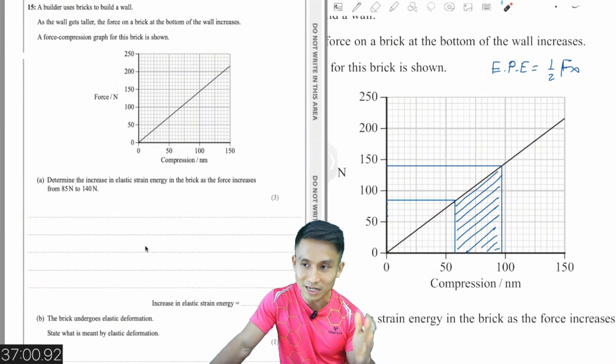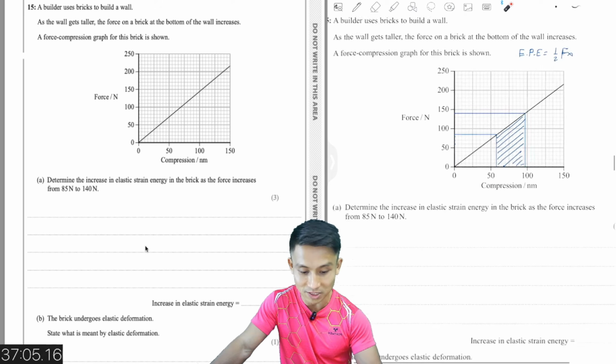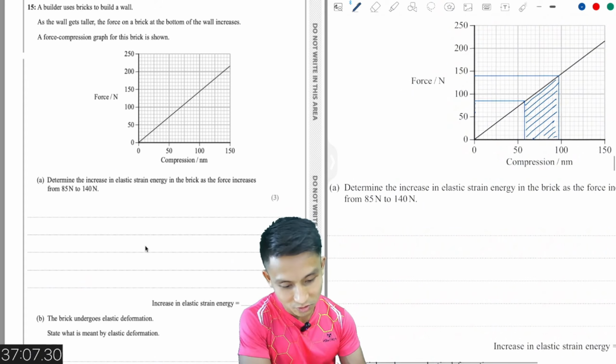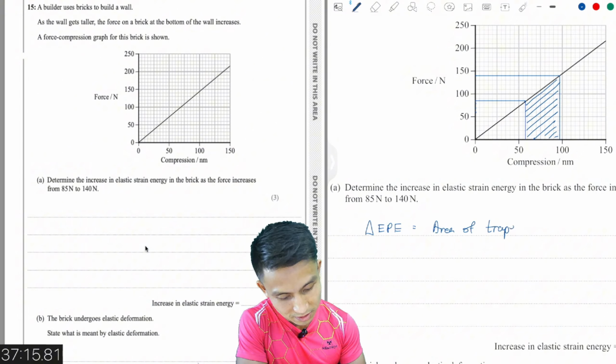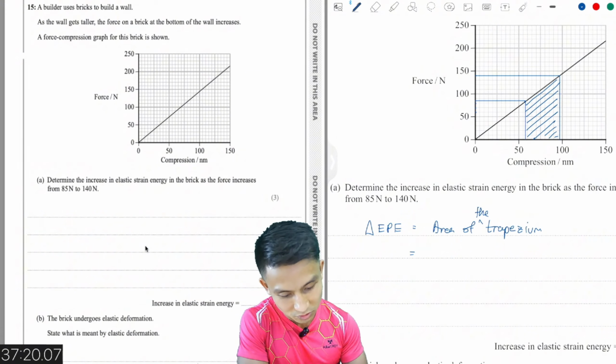That means the increase would be the difference between those areas, and it is this very trapezium, right? So I'm just going to do change in EPE is just area of trapezium, the trapezium I drew. So it's just 1/2.